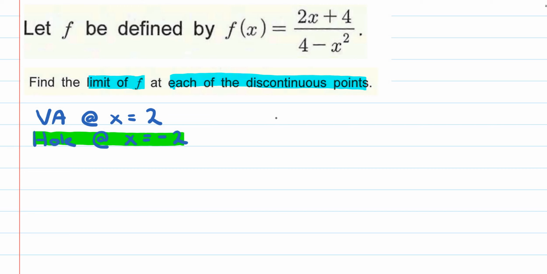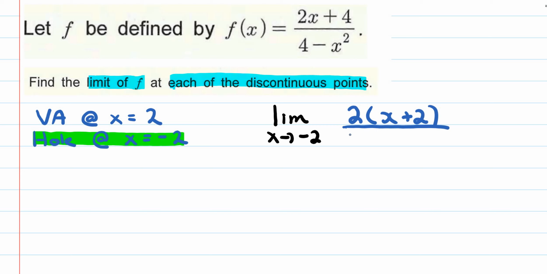So we're going to write out a limit statement. The limit as x approaches negative 2, and then let's factor out the numerator again. I have 2(x + 2), and then the denominator was (2 + x)(2 minus x). Once again, we've stated that we can cancel off those two factors.